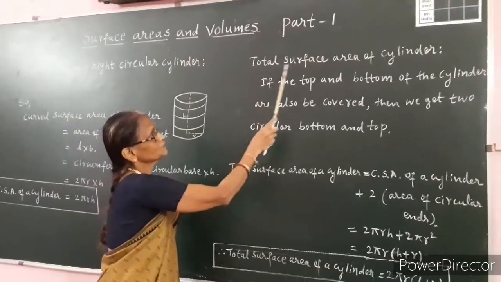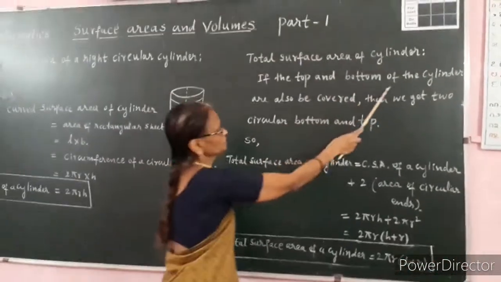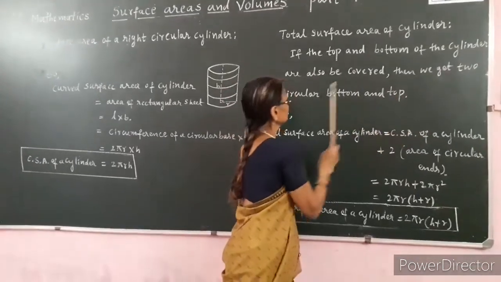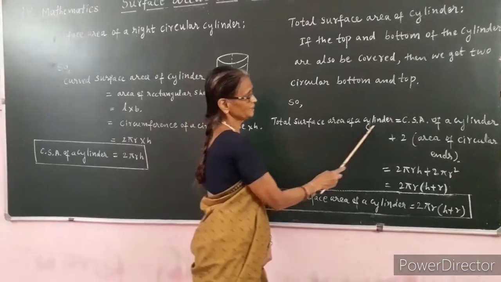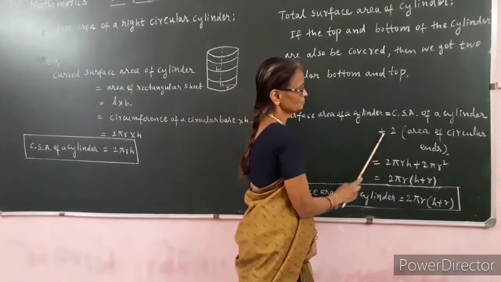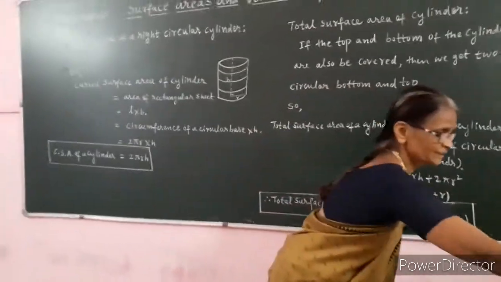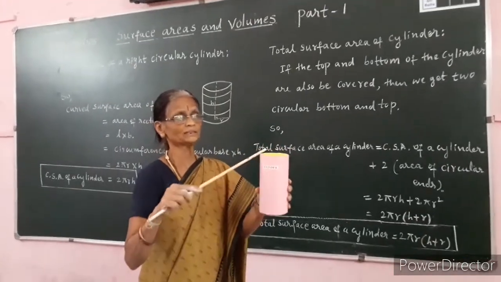The next, total surface area of a cylinder. If the top and bottom of the cylinder are also covered, then we get two circles, the bottom and top. So the total surface area of a cylinder equals the curved surface area of the cylinder plus 2 into the area of the circular ends. Look here, children. The bottom and top are covered with the circular region.